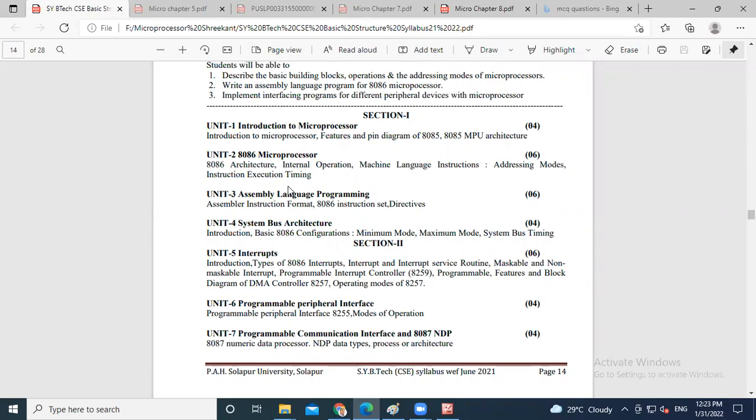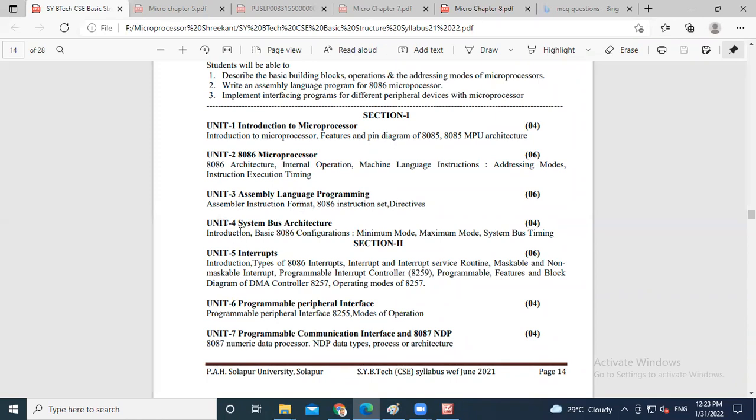In unit number 3, we studied assembly language programming instructions: the assembler instruction format, 8086 instructions and directives, mainly 72 to 75 instructions needed for executing programs.